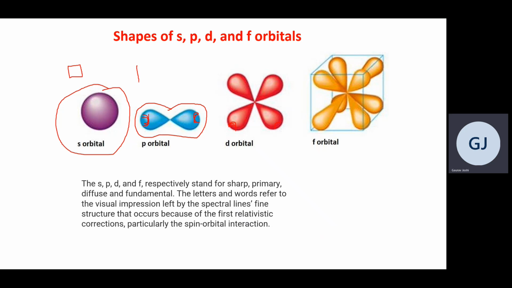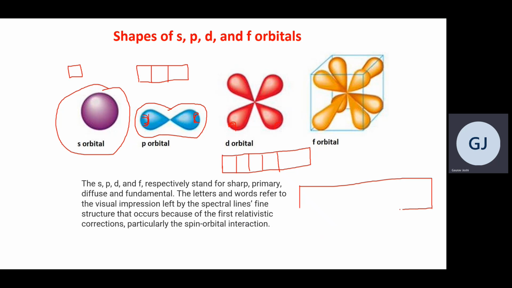The p orbital is denoted by 3 boxes. The d orbital is denoted by 5 boxes: 1, 2, 3, 4, and 5. And the f orbital is denoted by 7 boxes: 1, 2, 3, 4, 5, 6, and 7.